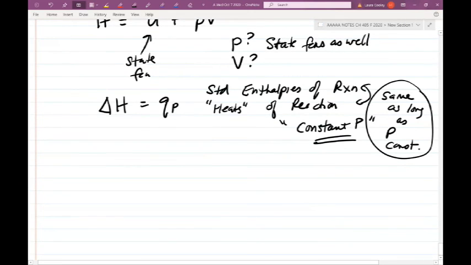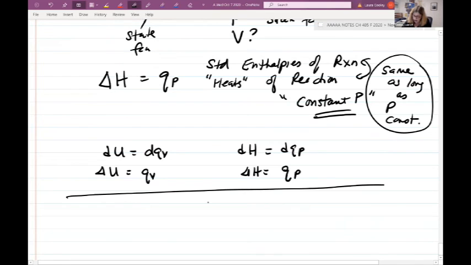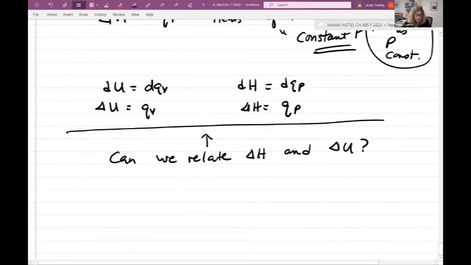All right. So we have these great equations. We have dU is dq_V, dH is dq_P, and the corresponding deltas. And so I'd like to talk about how we can relate delta H and delta U. How are these things related?